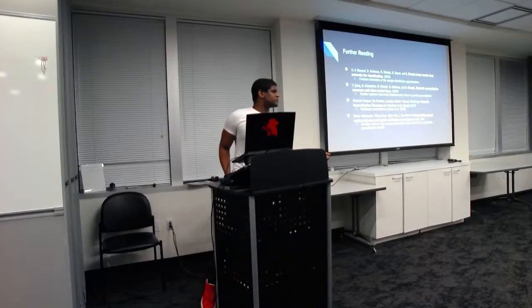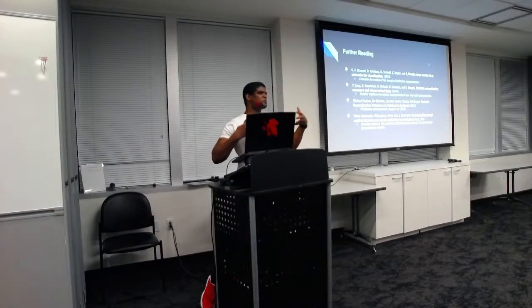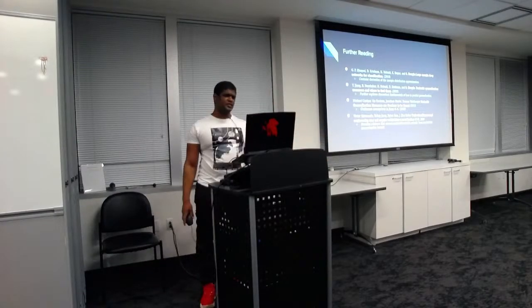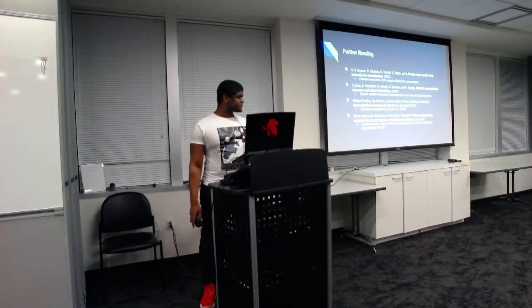The next one, very funnily named, Fantastic Generalization Measures and Where to Find Them, goes more into the theoretical fundamentals of how you do generalization, and it proposes different generalization measures.